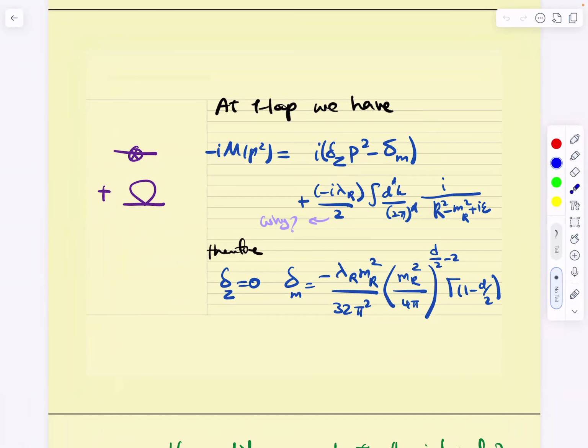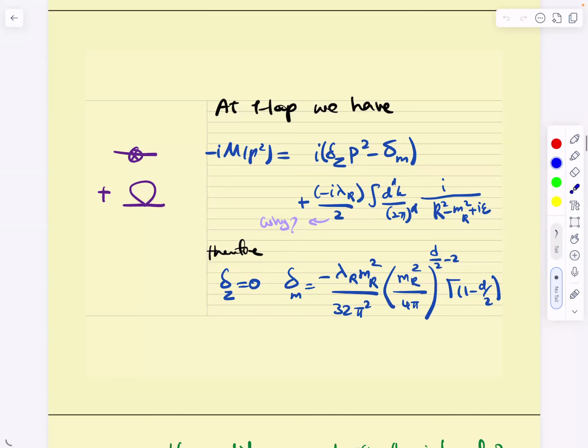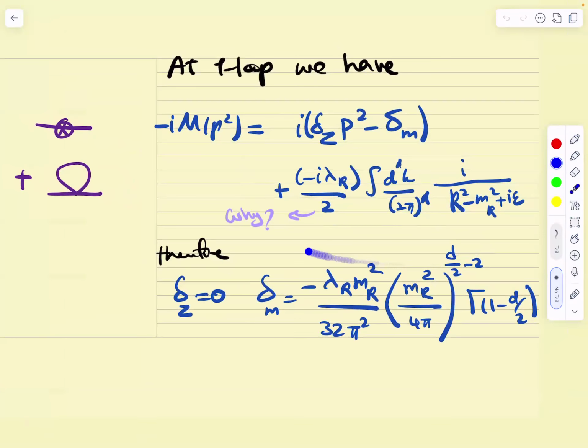It's minus i lambda_r over 2 integral of d^d k over (2 pi)^d, i over k squared minus m_r squared plus i epsilon. Is this part clear? Is this calculation clear? I'm using this renormalized perturbation theory to calculate these two diagrams. Where does this factor of half come from?